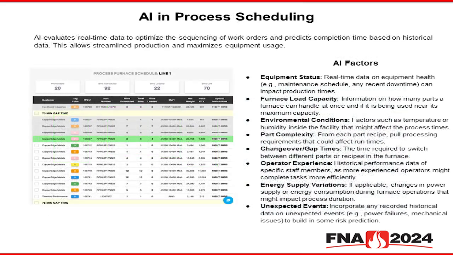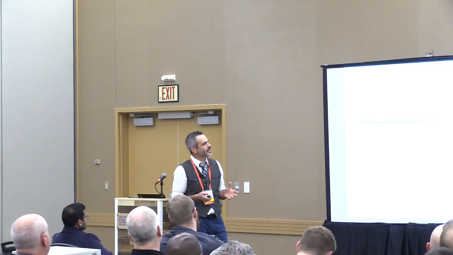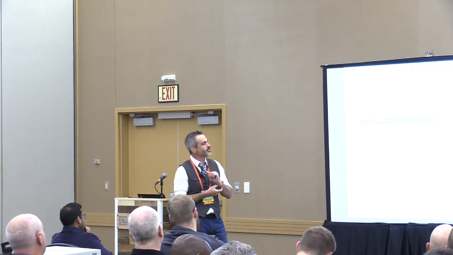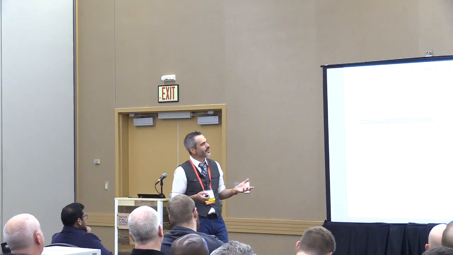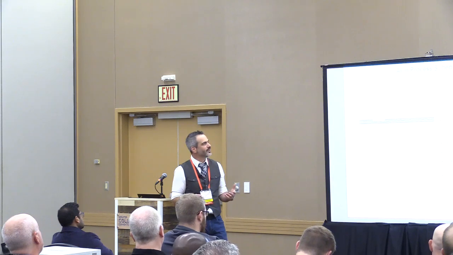Process scheduling. As you have your process schedule, depending on the equipment you have and your process, there's going to be a lot of different variations as to how long things take to process, and being able to even estimate how long things are going to take to get done. And so there's, again, a lot of data inputs and a lot of AI factors that will determine that. So what is the status of the equipment? As you have equipment that's either online, is it running correctly?